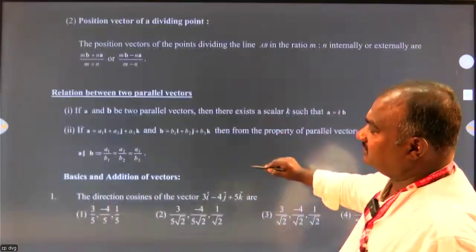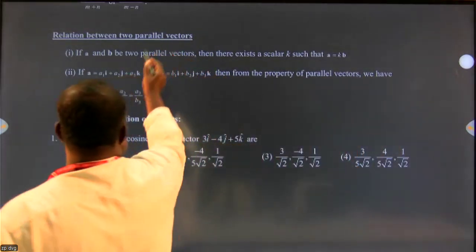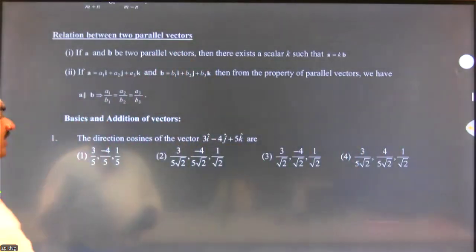This is all we discussed. Just observe the relation of parallel vectors: parallel means nothing but collinear. This is the condition to be remembered.